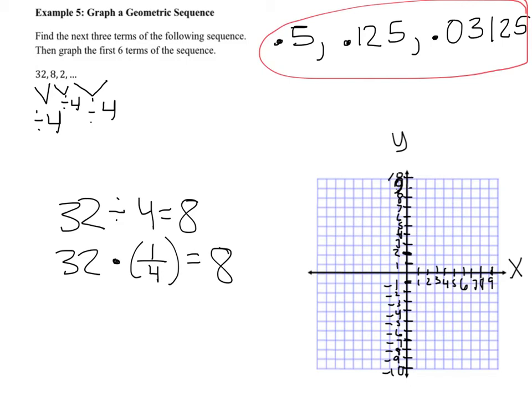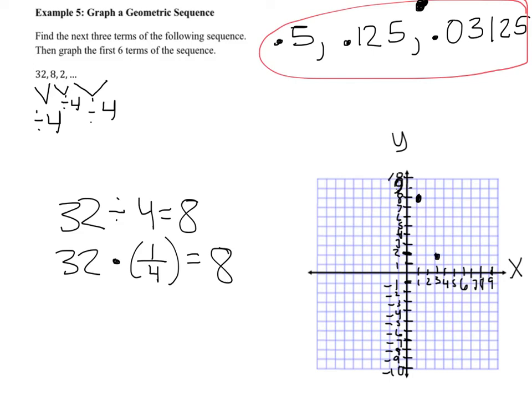So x is still going to represent which term we're looking at, and then y is going to represent the value of that term. So our first term is 32, which is way off of this chart, so maybe way up here somewhere. And then our second term is 8. Our third term is 2.